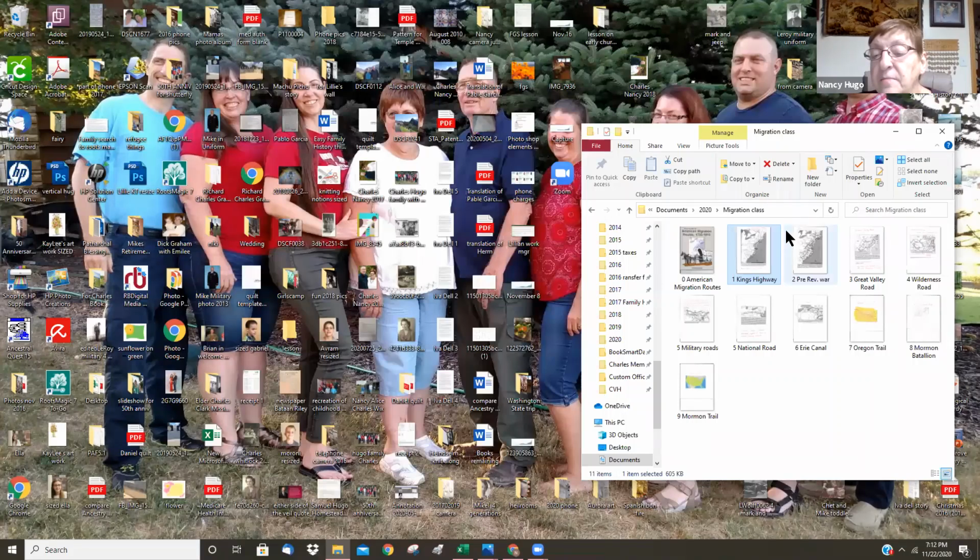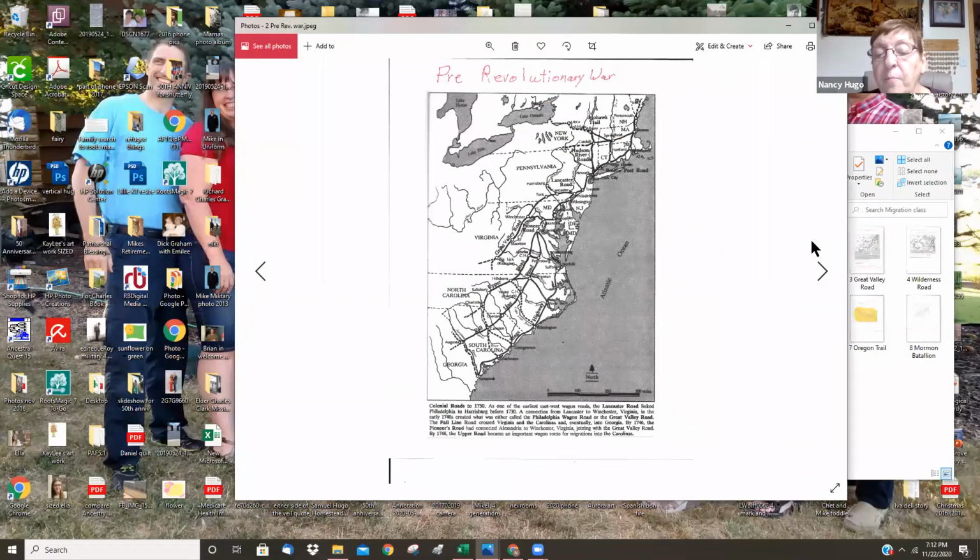Now, the next few generations, so in the 1700s, before the Revolutionary War, here is a map that shows all of the 13 colonies, but now roads have begun to be established in this area. And there's not very many that go west because the Appalachian Mountains go north and south and kept people from going west.